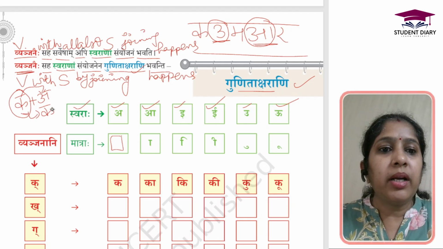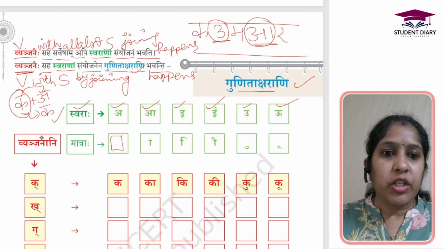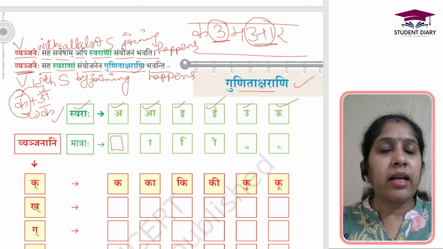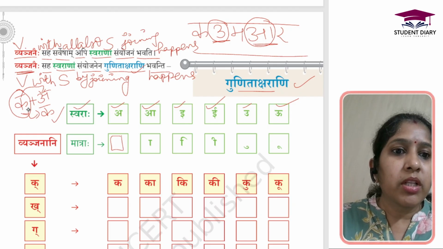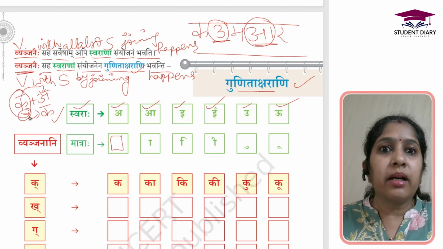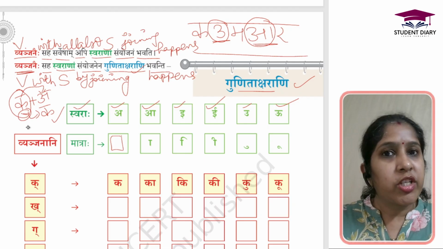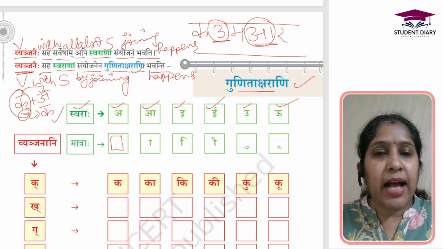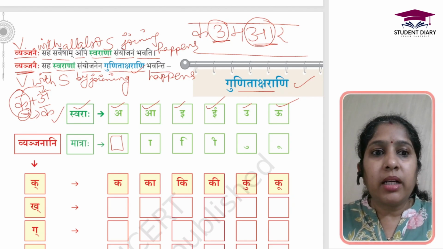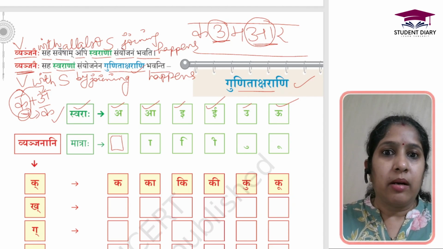So there is no separate symbol for it. Just write the swar vyanjan as it is without the halant, because halant makes it half. This line which we write under the ka is called the halant, which makes any letter half. That means it is going to keep the vyanjan as it is. When you add a to it, it becomes the full ka.